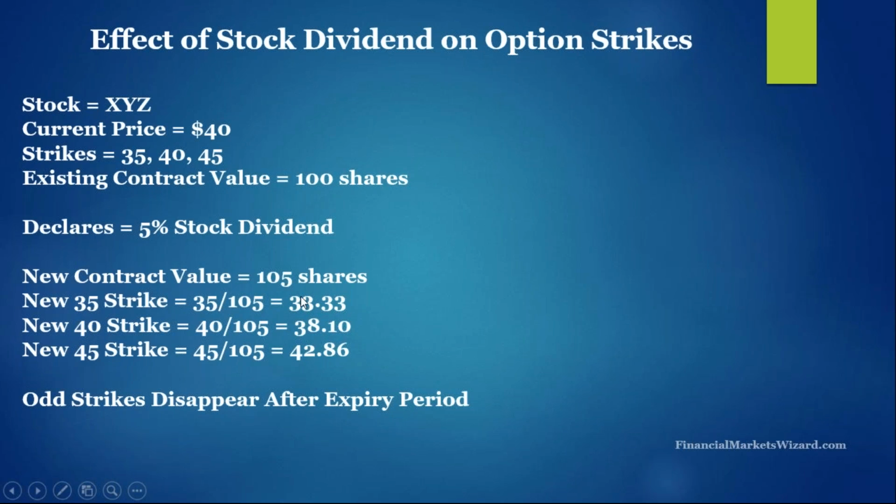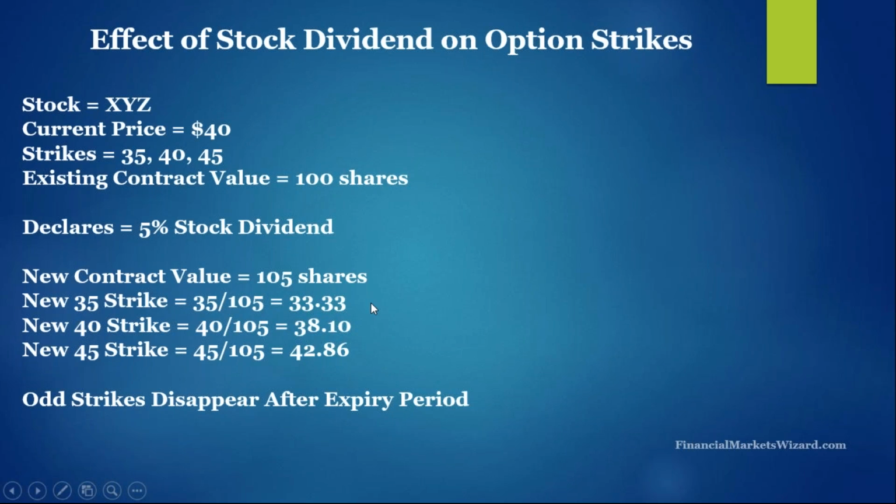And suppose you exercise your call and you get surprised, you say, oh, I got 105 shares. You have to say, okay, this is because of the stock dividend. That is also why your strike is suddenly an odd number.